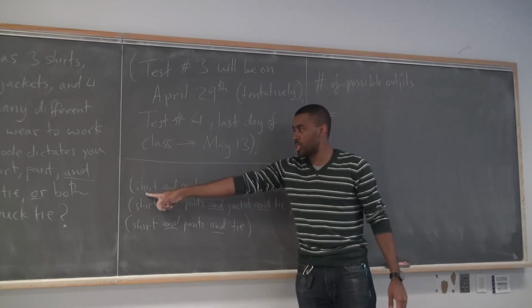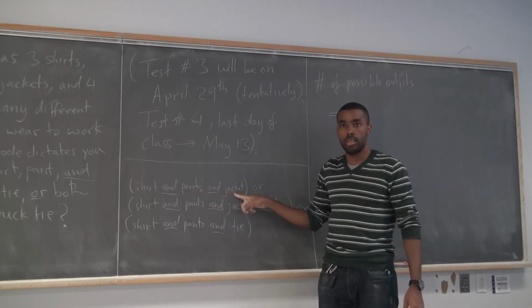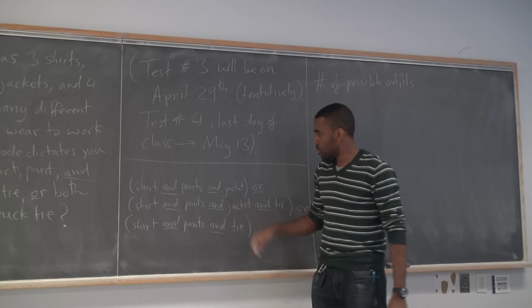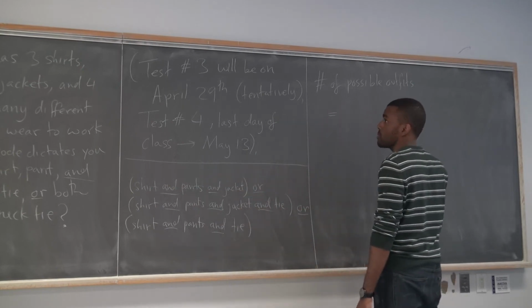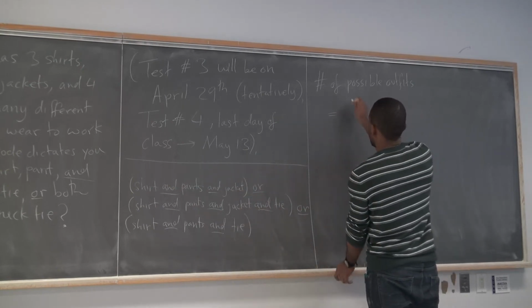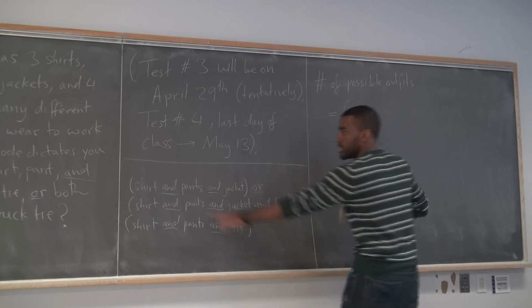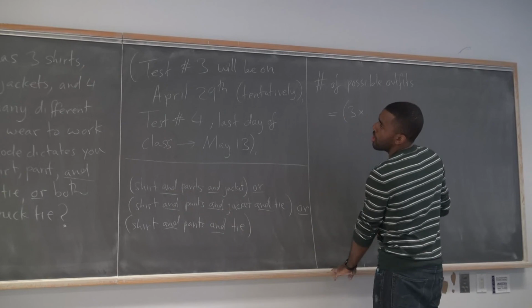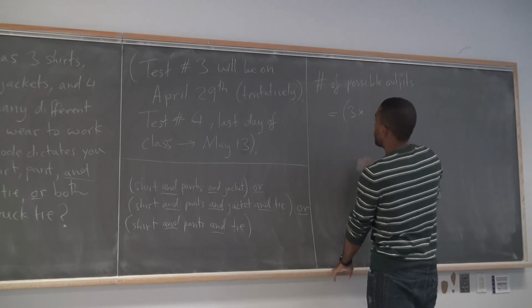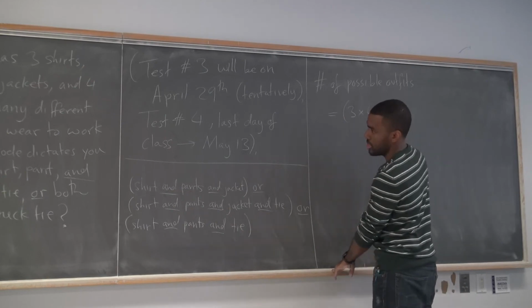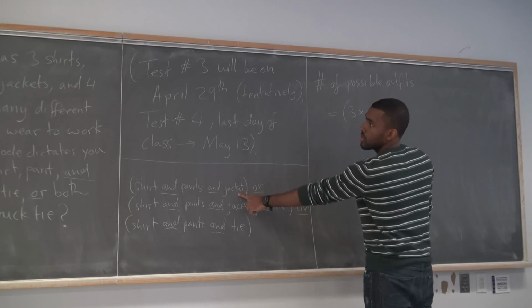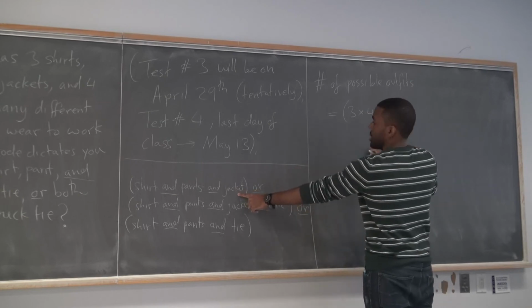In the first stage I'm choosing a shirt, then pants, then a jacket. So how many ways can I do that? There are 3 ways to choose a shirt, times, because and, 4 ways to choose a pair of pants, and 2 ways to choose a jacket.